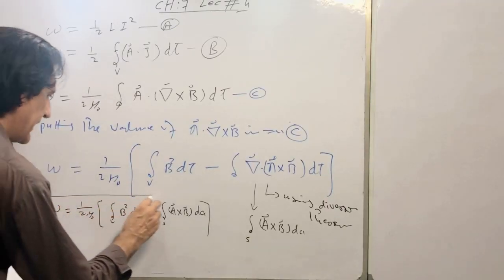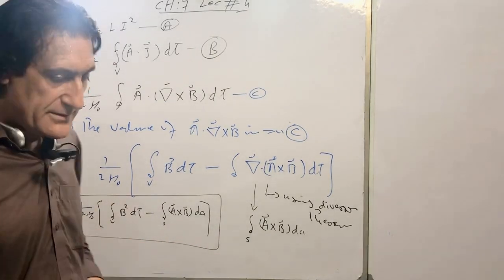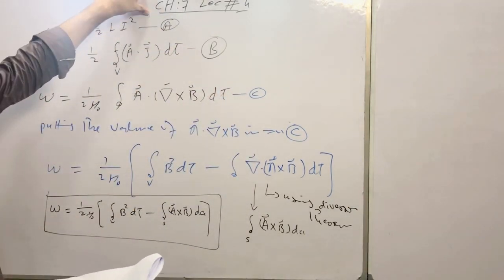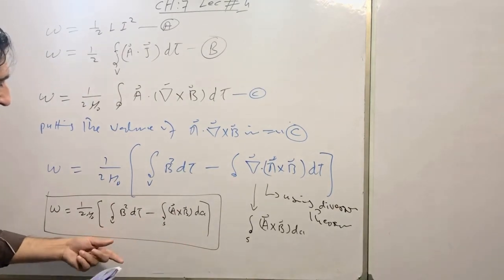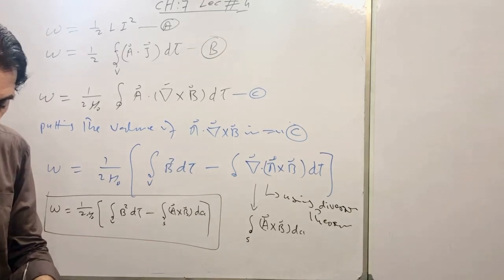This is another equation. Already we have found two equations, this one and this other form, and this is very important because we can take the volume and the surface as well.